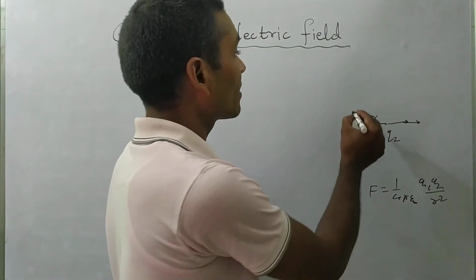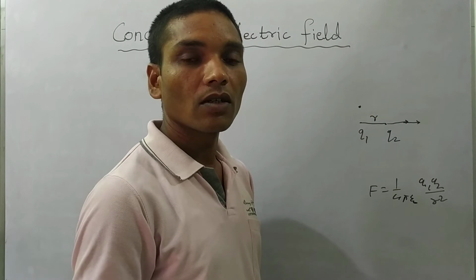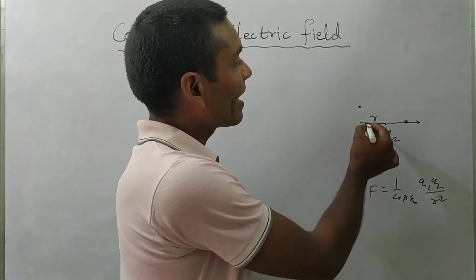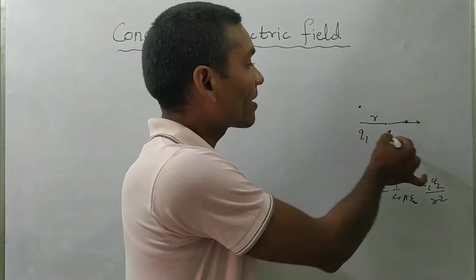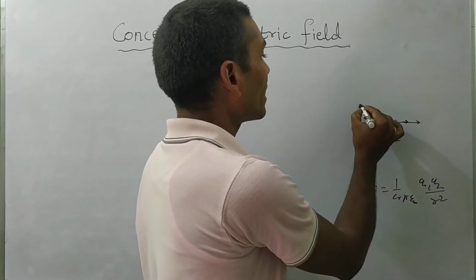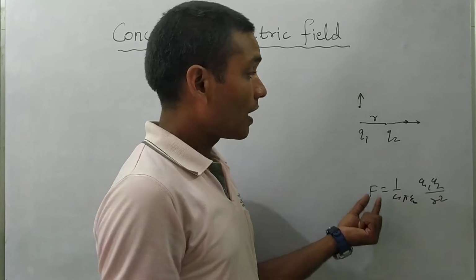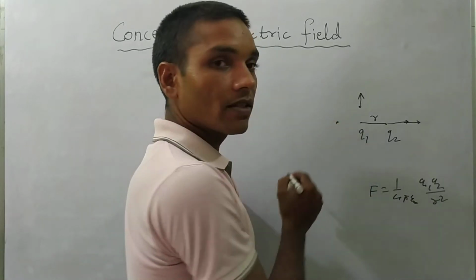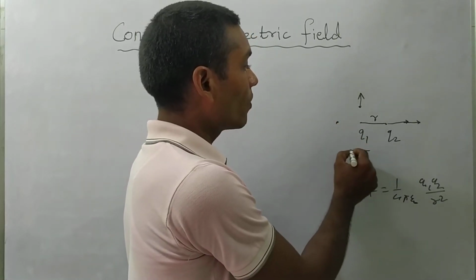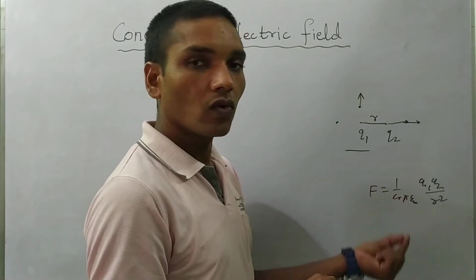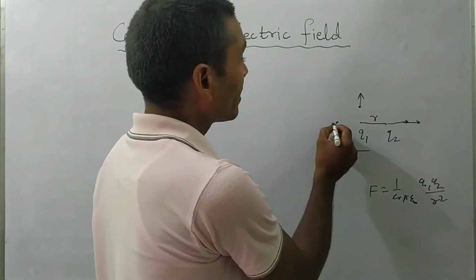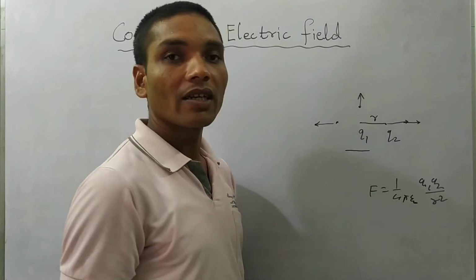If this point charge is placed at this point, the electrostatic force will be experienced by Q2, and on increasing the distance, the force will decrease. If this point charge is at this point, then the force will be experienced by Q2, and on increasing the distance, the force will decrease.